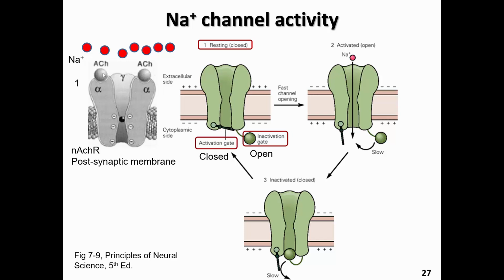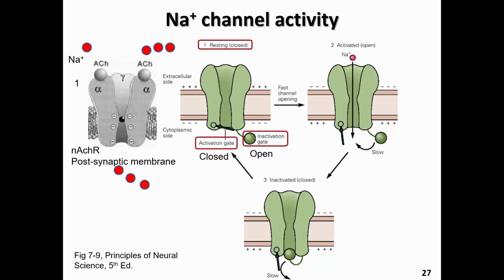So in this drawing, what we see here is when acetylcholine, not just one, but two acetylcholine molecules, bind to the postsynaptic sodium channel, that is a ligand-gated sodium channel. And that will cause the protein to change shape slightly.